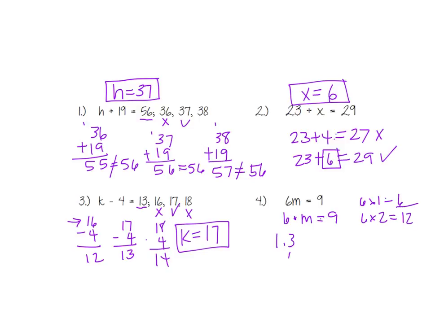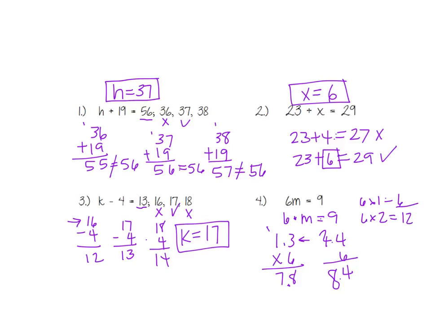So I'm going to try 1.3. And I'm going to multiply 6 by it, and I'm going to see what I get. I get 7.8. Okay, that's too low, so I need to go up higher in my decimal spot. So let's try 1.4. I get 8.4.